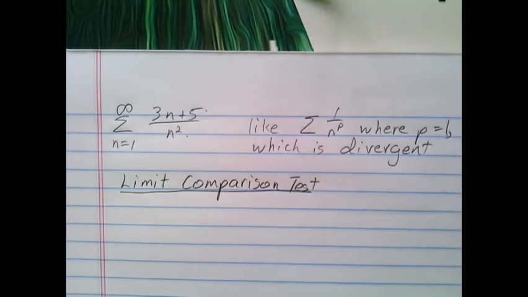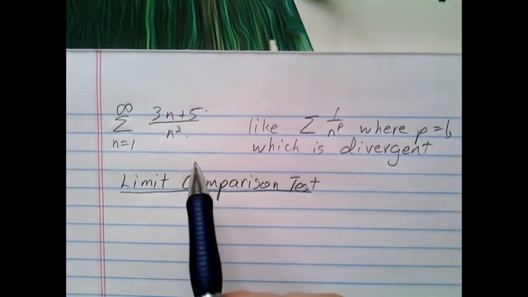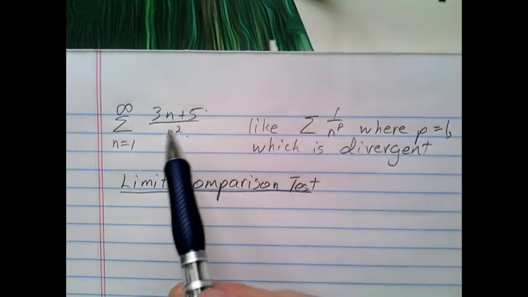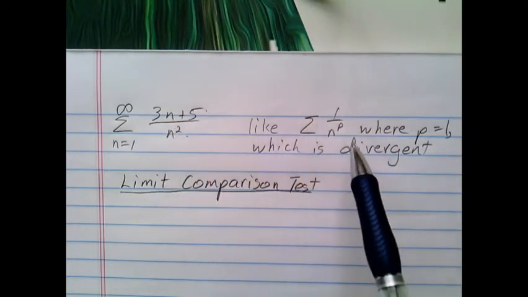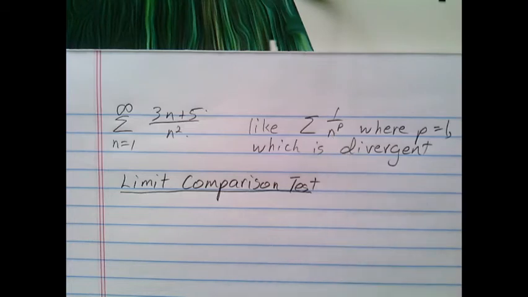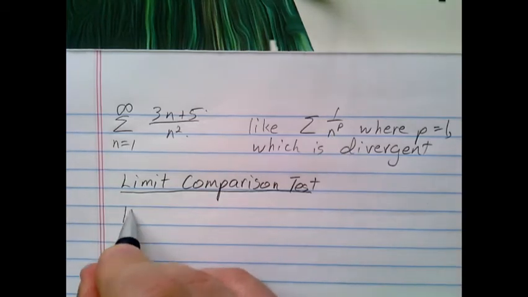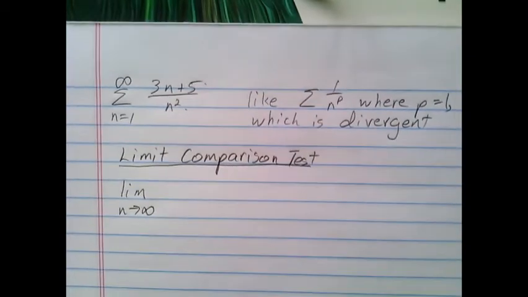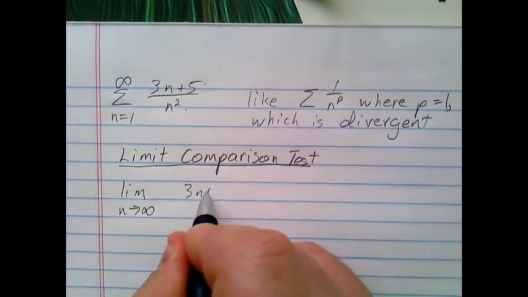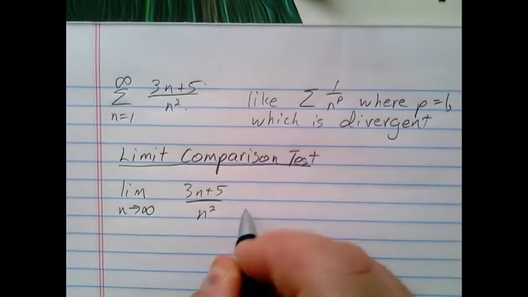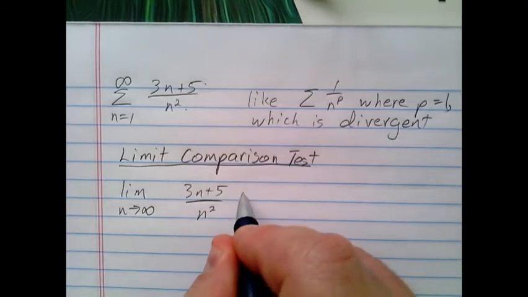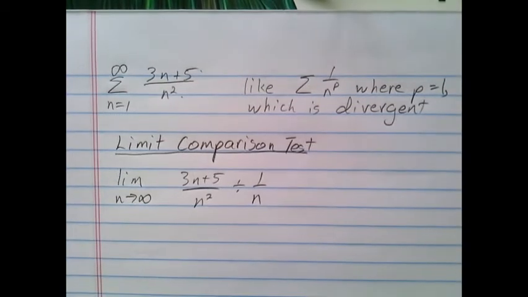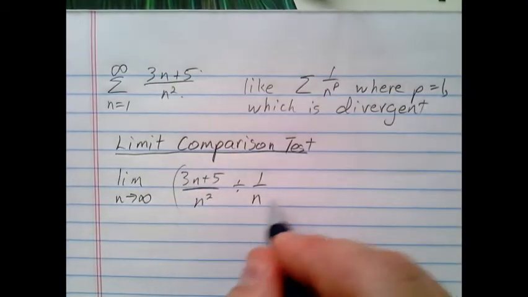Then, so for a limit comparison test, I would want to take the limit of the ratio of the nth term of the series I'm testing to the nth term of the series that I believe it's like. So I take the limit as n goes to infinity of 3n plus 5 over n squared divided by 1 over n. So let me see.